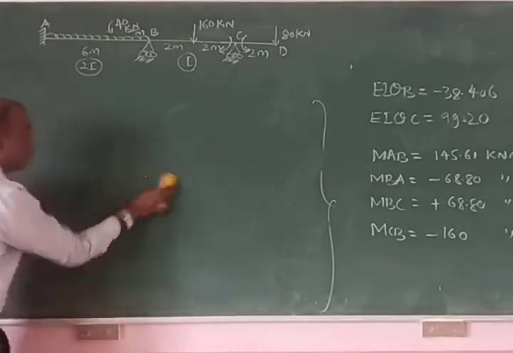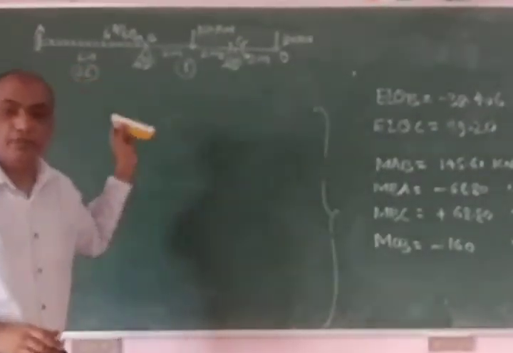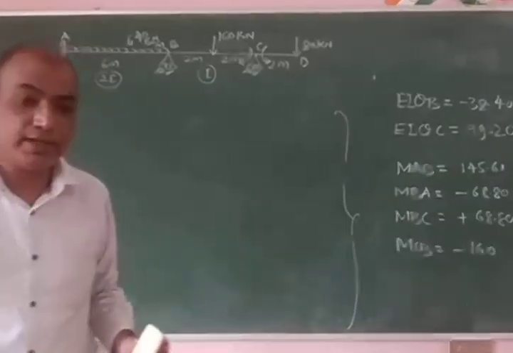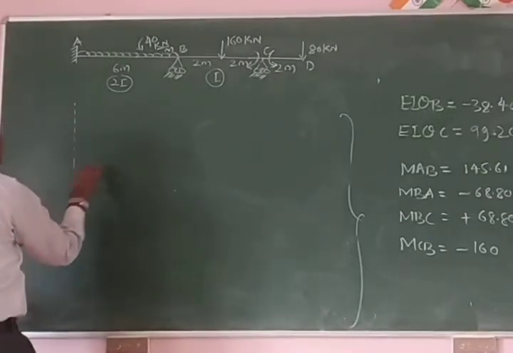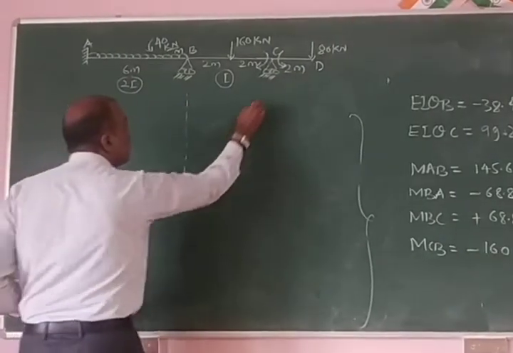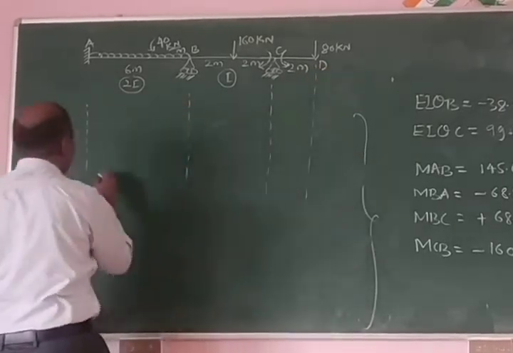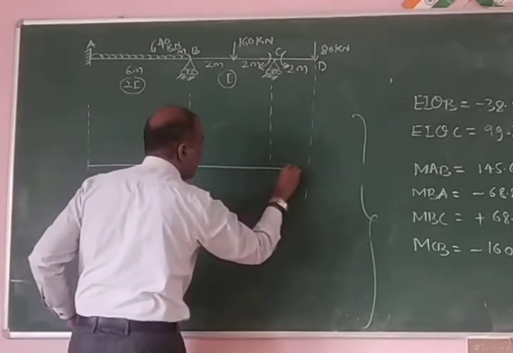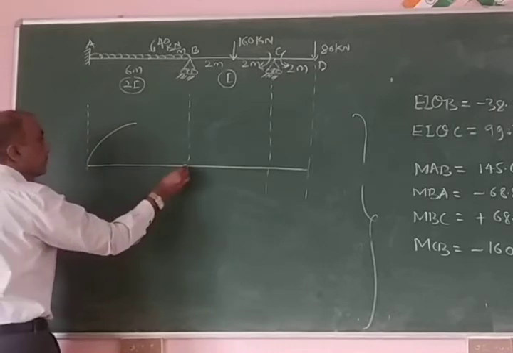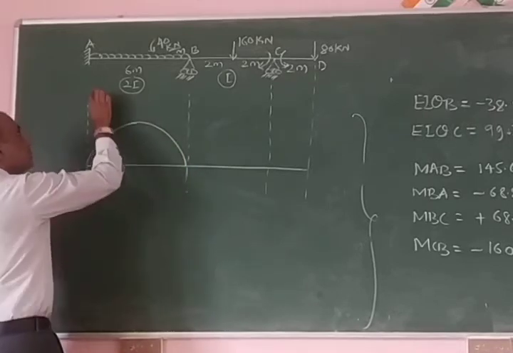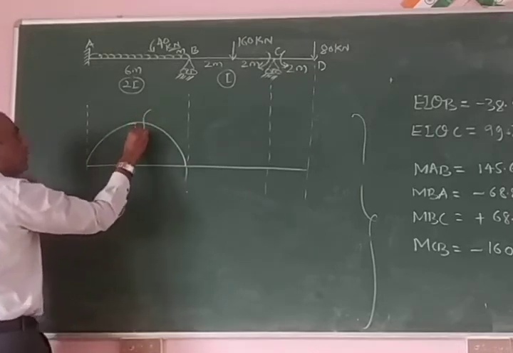For the bending moment diagram, you need to first draw the free bending moment diagram for the entire beam. Draw a horizontal line, and the free bending moment diagram here is a parabola. Free bending moment diagram means considering this as a simply supported beam, and the coordinate is WL square upon 8.